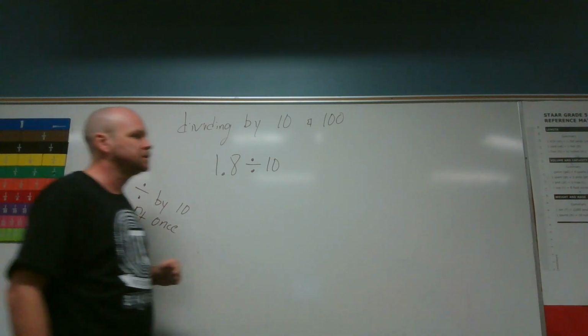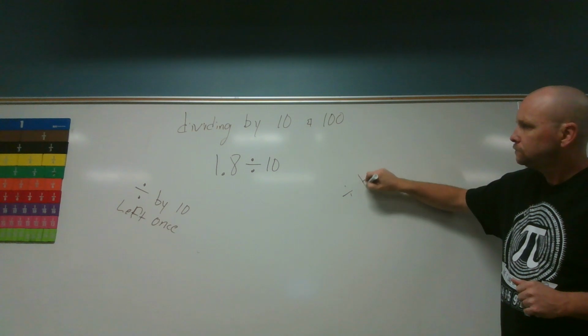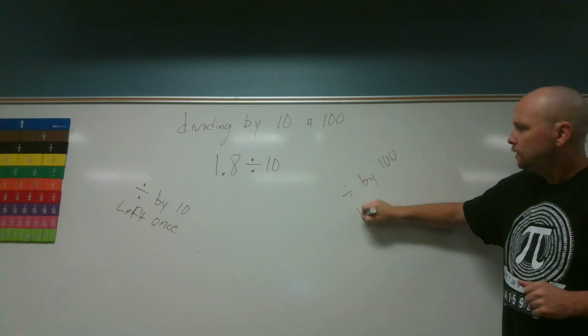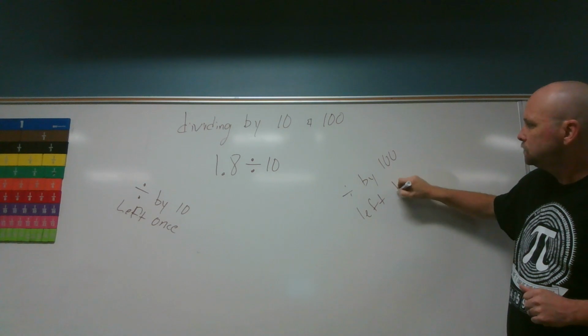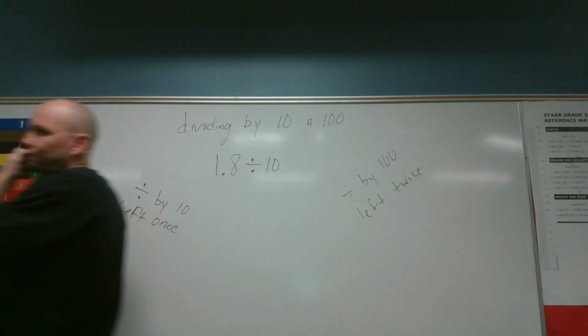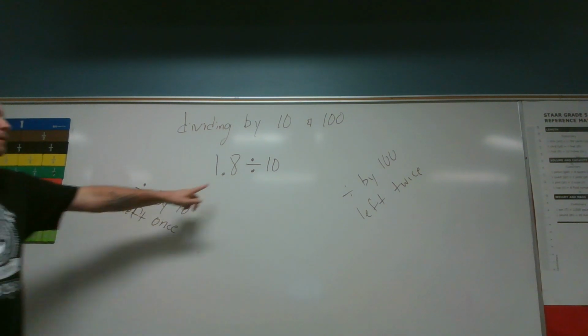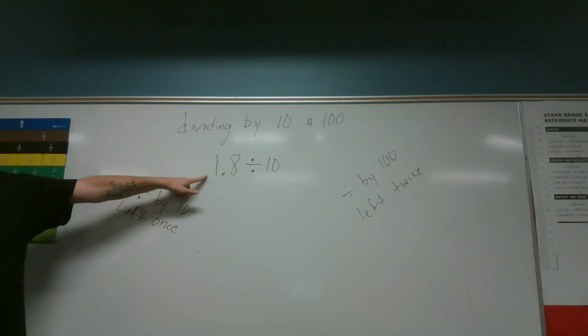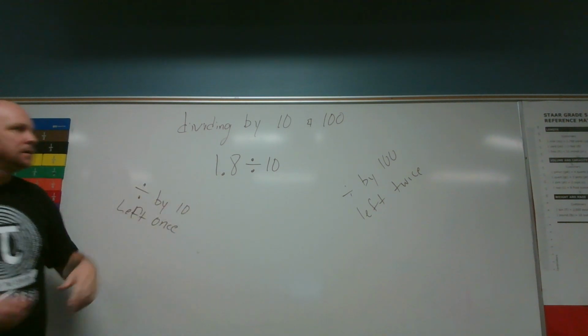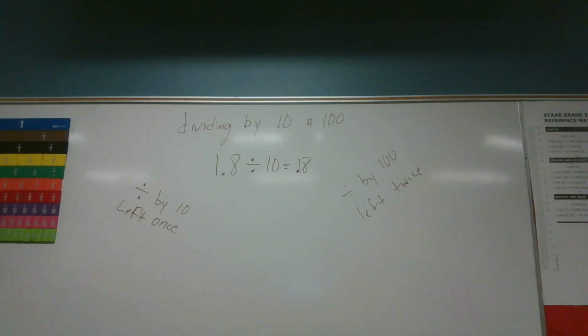And then JJ also said, divide by 100, left twice. So Natalie, 1 8/10 divided by 10 is 18 hundredths. The decimal moved from here to here. Now there's nothing in the ones place. So it's 18 hundredths.